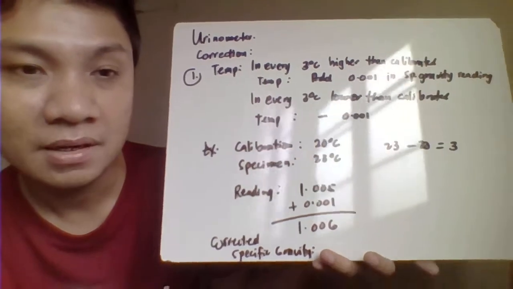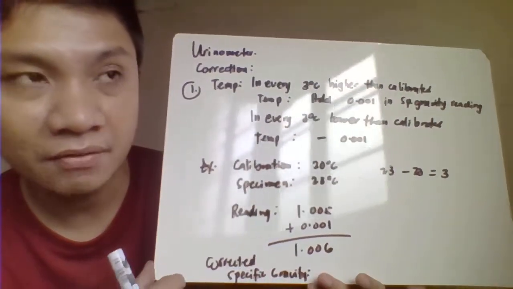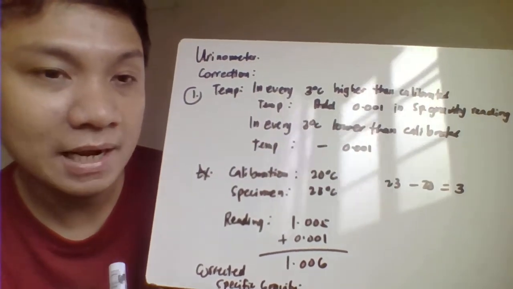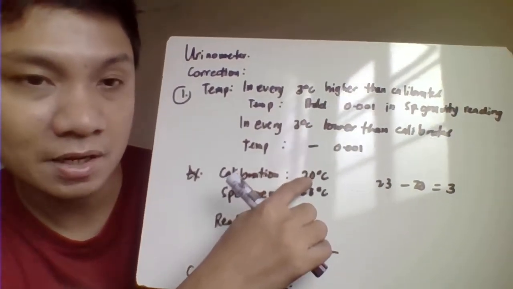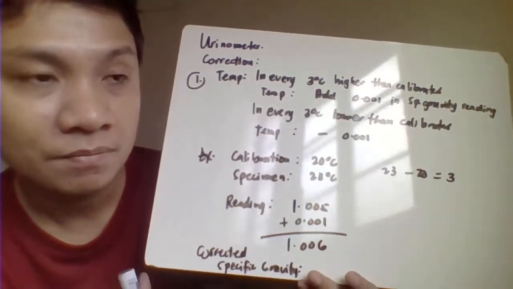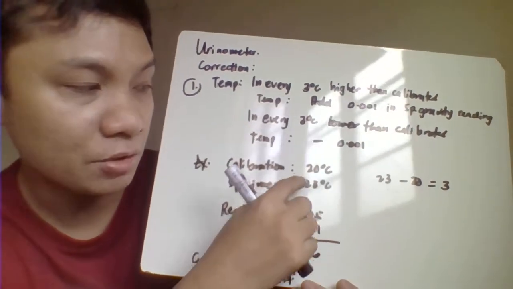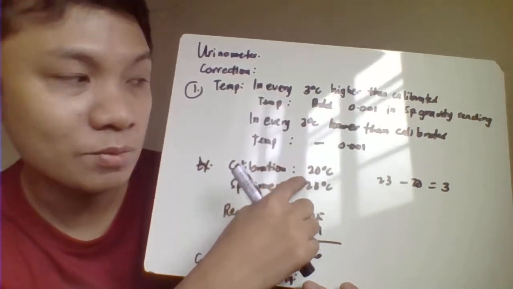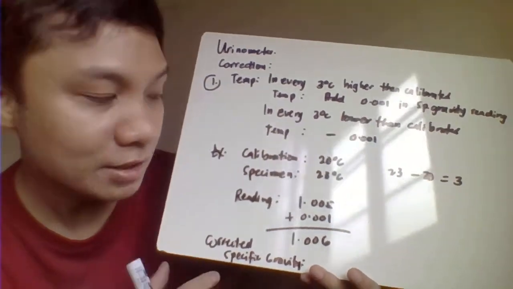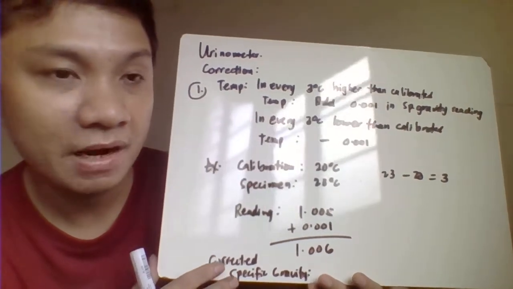Example: your urinometer is calibrated at a temperature of 20 degrees Celsius, but your specimen's temperature is 23 degrees Celsius. This is 3 degrees Celsius higher than your calibrated temperature. That's why you need to add 0.001 to your specific gravity reading.